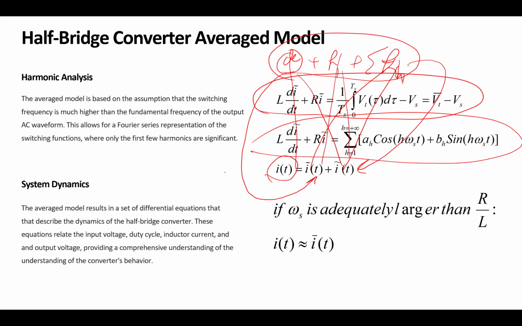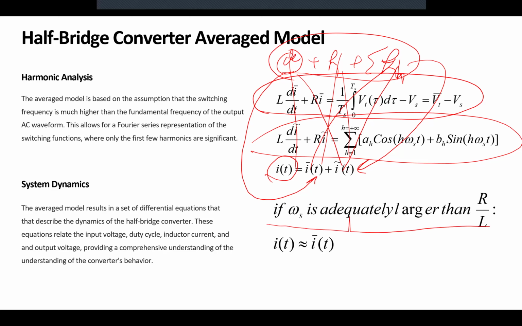Why? Because if omega s, the fundamental frequency, is large enough, that means those variations are very, very low, so we could neglect them, and we could get rid of the second KVL.